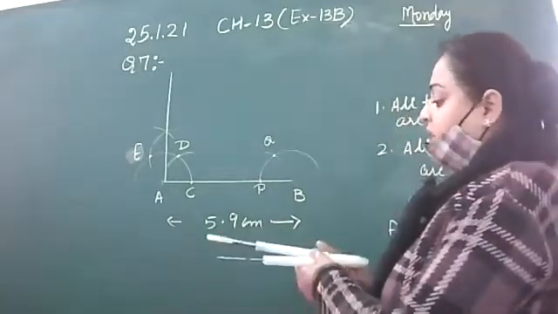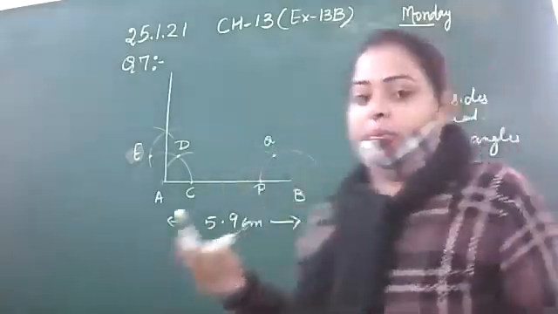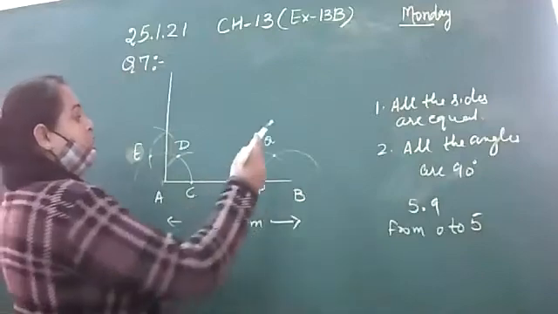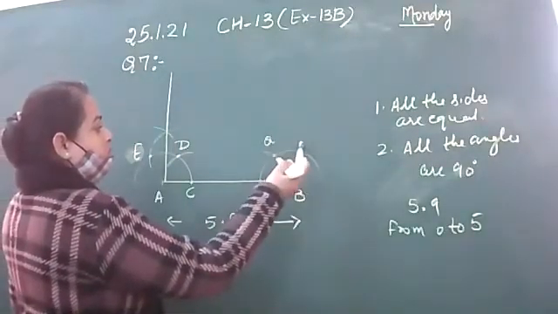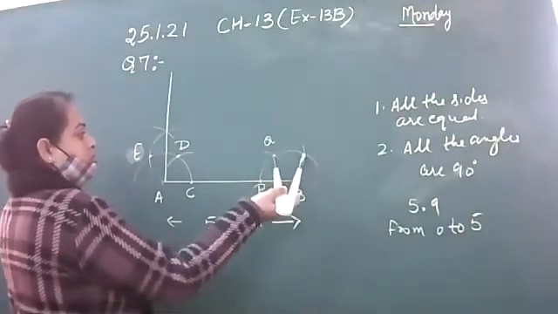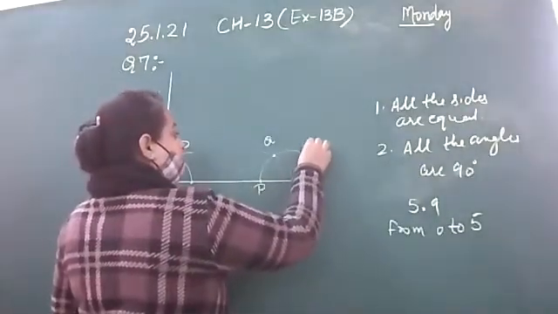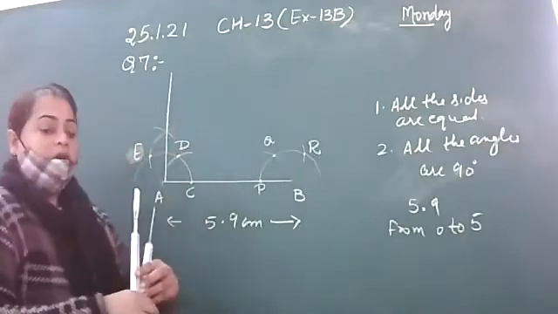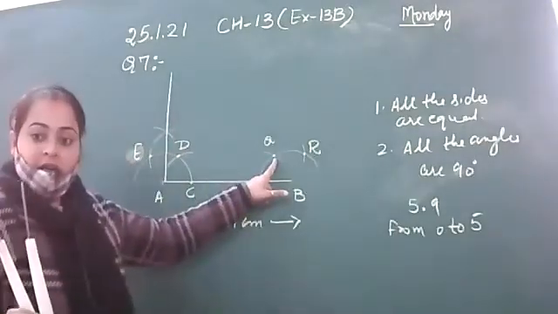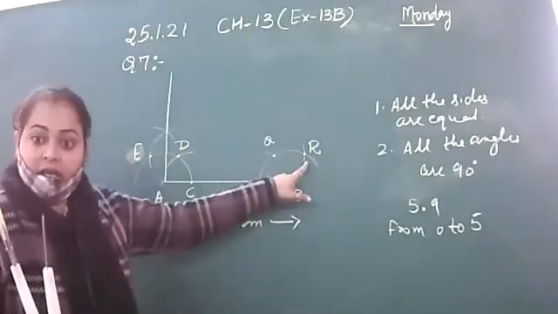Fine. Now, after that, put your compass at Q. This is R. Fine. So 60 degree, 120 degree.